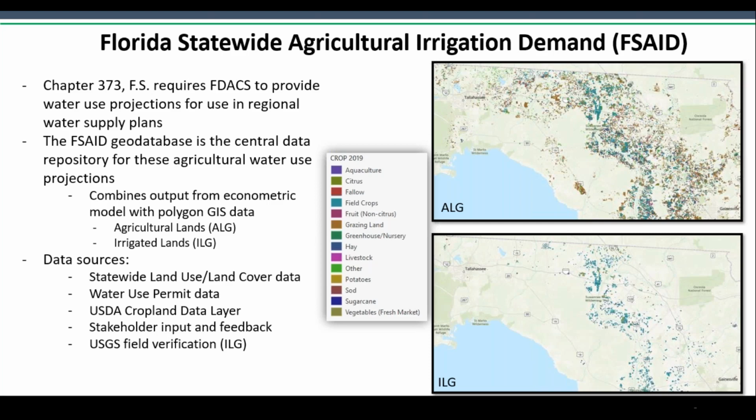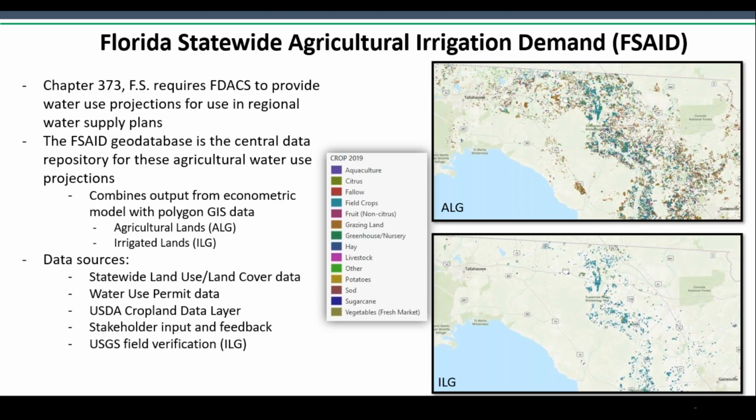As previously mentioned, there are some limitations to statewide land use coverages. So FDACS uses the Florida Statewide Agricultural Irrigation Demand geodatabase, which we call FSAID, to identify agricultural land statewide and within BMAPs, and as a base layer for the unenrolled ag lands analysis.